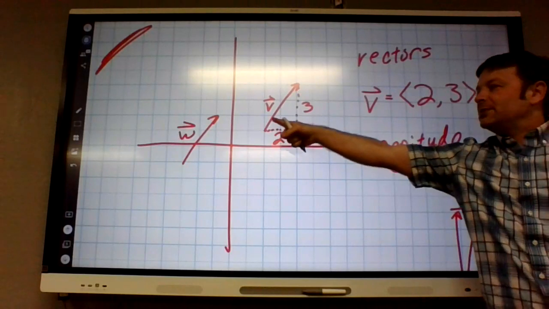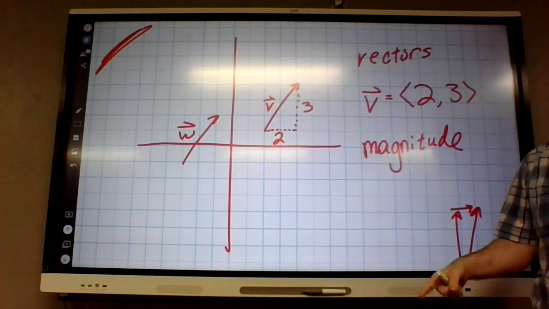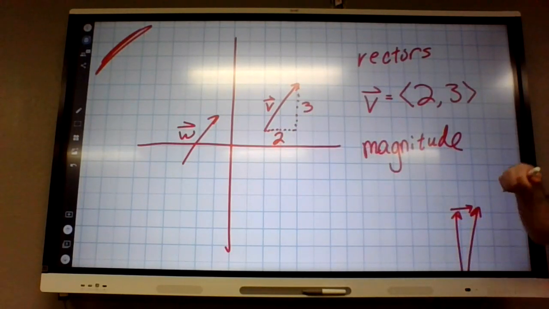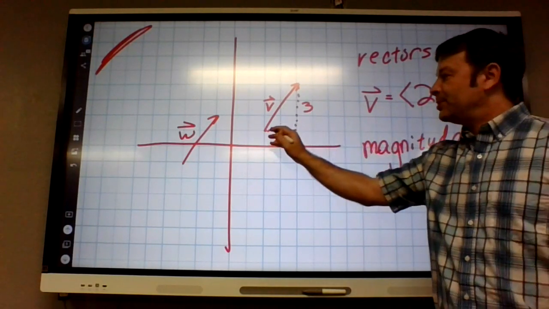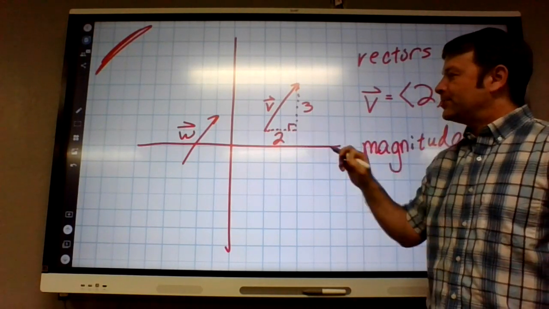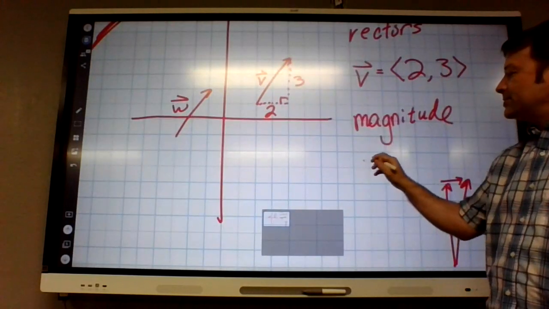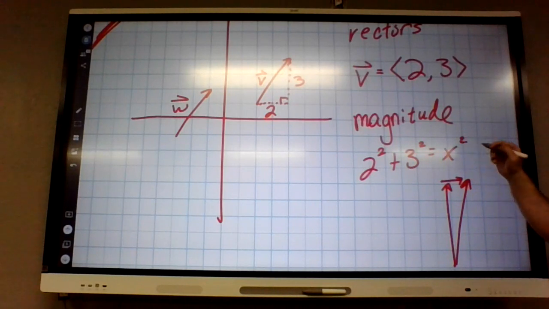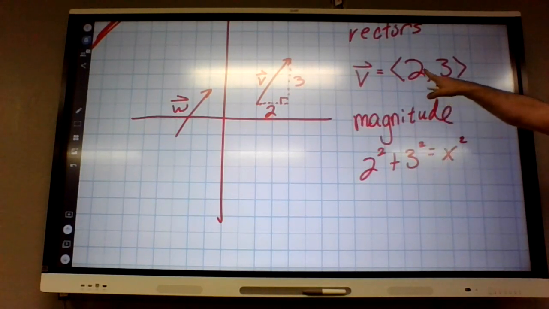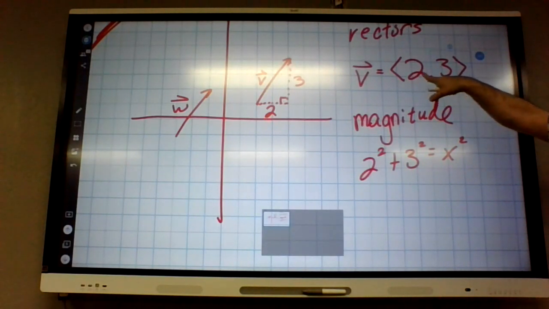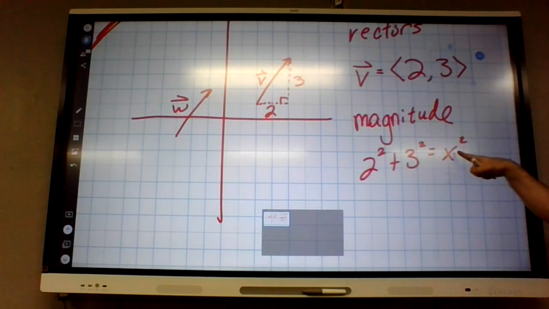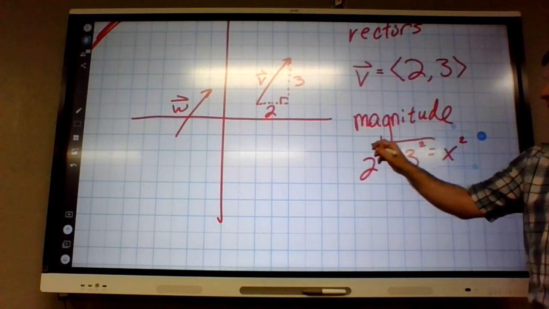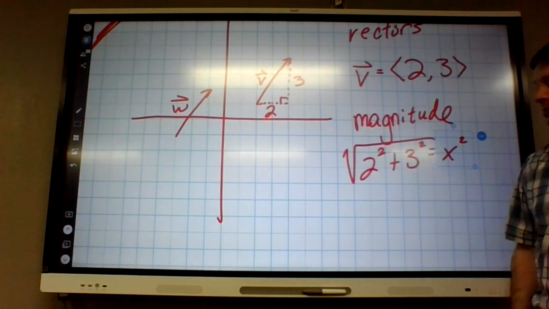But how would we find this length right here? Slope. Okay, a squared plus b squared equals c squared. Because when I draw in the x and the y, it makes a little right triangle, right? So it's 2 squared plus 3 squared equals x squared. So we're going to have to do the Pythagorean theorem with that. When you have the coordinates 2 and 3, you just do 2 squared plus 3 squared, and then because that equals x squared, you have to square root that.